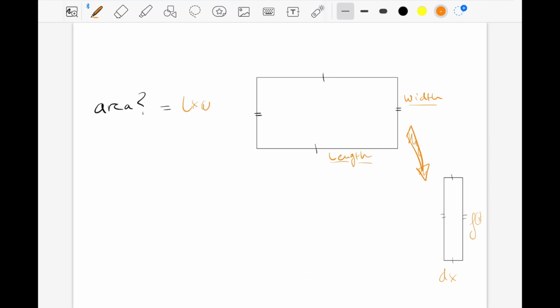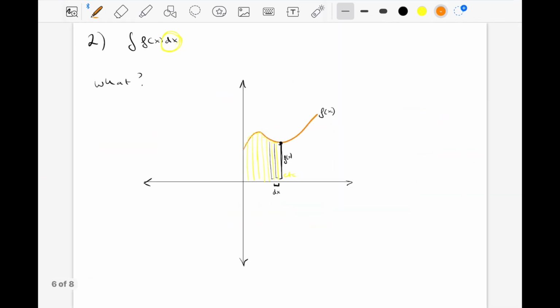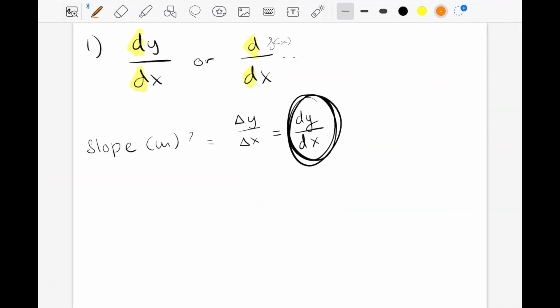And that's it. So I hope you have understood this a bit better: why we have a dx, what this symbol actually means, and, for example, in dy over dx, what this means. You will find this very useful later on when you're working with, for example, differential equations or other aspects of calculus, because this notation isn't only going to be there for you to find the derivative or the integral.